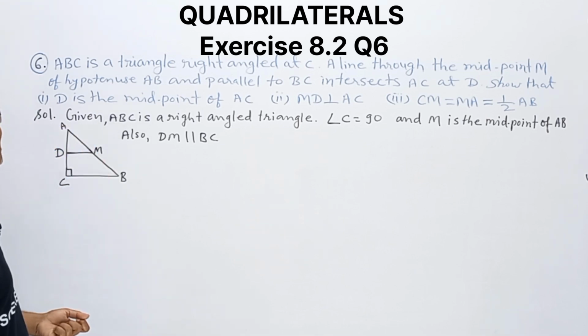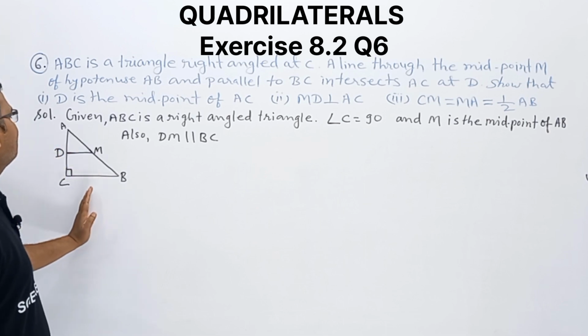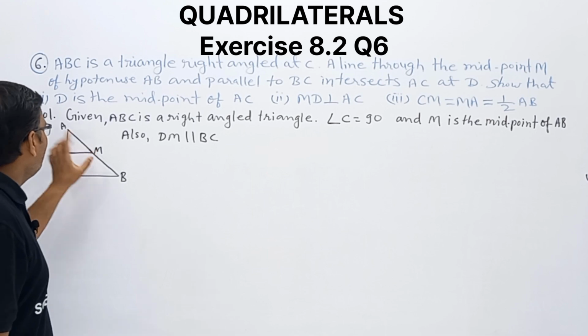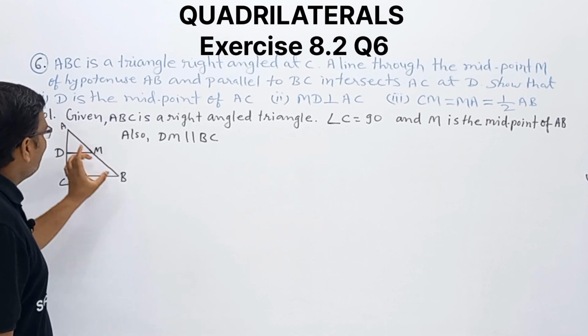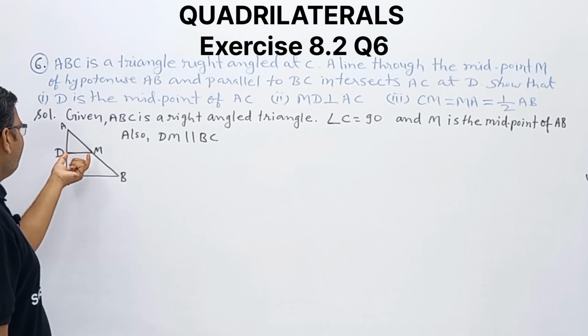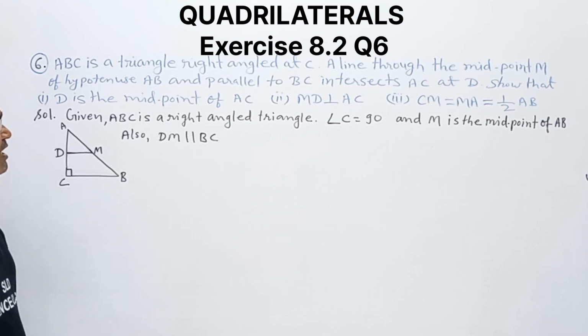So in the question we are having ABC is a right angled triangle, right angled at 90°, and M is the midpoint of AB. So we can say AM equal to MB. Clear? And another thing we are having in the question, DM is parallel to BC.